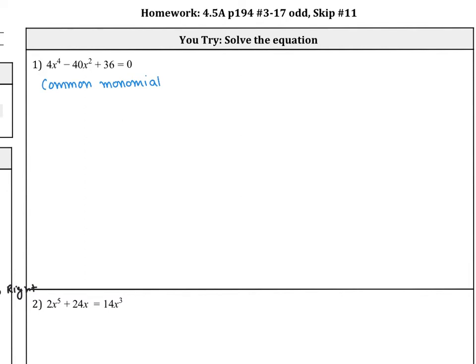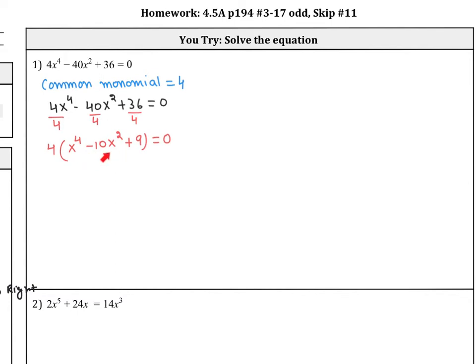The GCF is going to be 4, and you're going to rewrite the equation, divide it by 4, and factor that number out. What you get inside is x^4 minus 10x^2 plus 9 equals 0.